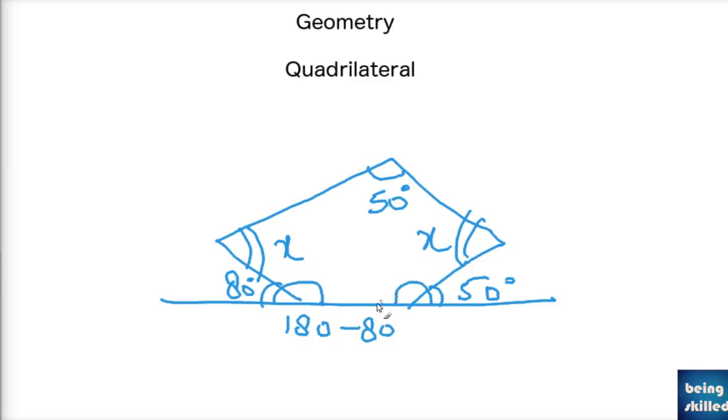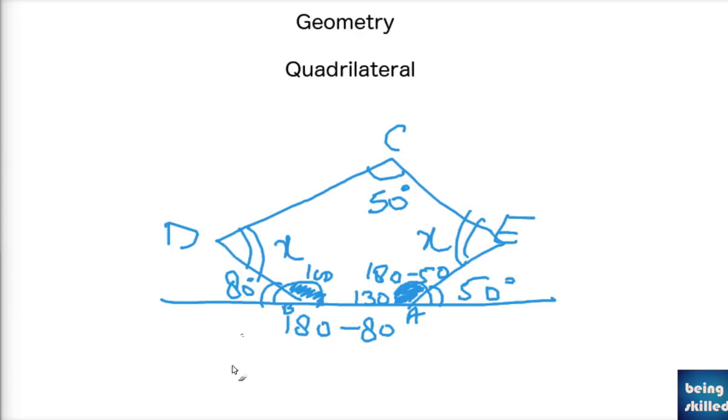Likewise, this will be 180 minus 50. So now we know the value of this particular angle, which is 100, and this particular angle, which is 130. So now we know the interior angles A, B, C, D, E. The values of D and E have to be calculated.